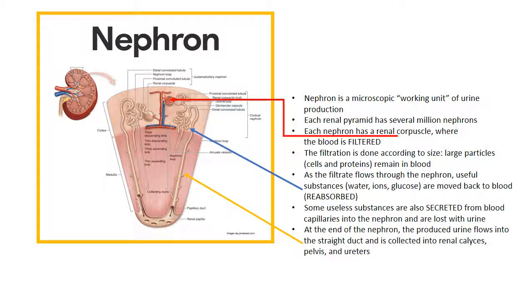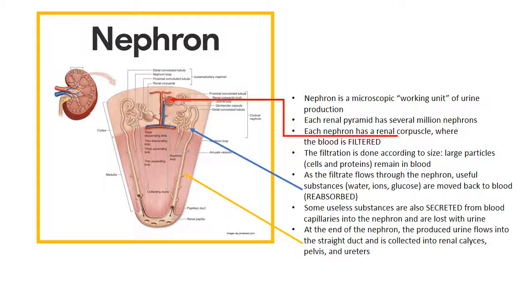And also, no arrow is shown here, but remember that some useless substances are also secreted from blood capillaries into the nephron. The useful substances move from the nephron into the blood capillaries. This is called reabsorption.